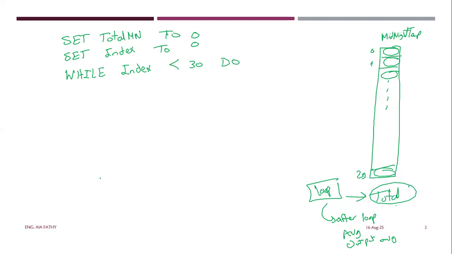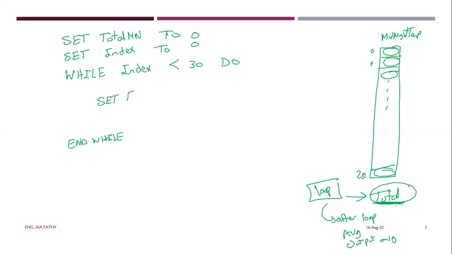Do. Okay, type it, and don't forget to add end while. Inside the loop, we will calculate the total. How did we learn before to calculate the total? We will say the total equals total plus the value which we want to add.